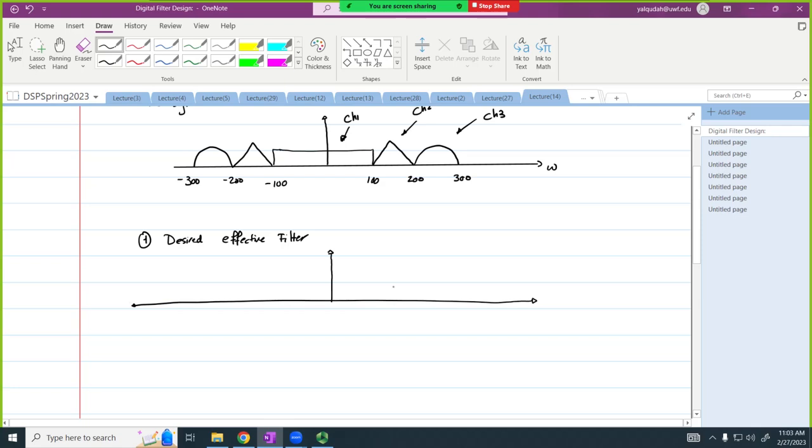So therefore, we want to have a filter that's going to allow all the frequencies between 100 and 200 to pass through, and we want to remove all the other frequencies. And this is our H effective of jW. And this is W. Does that make sense?